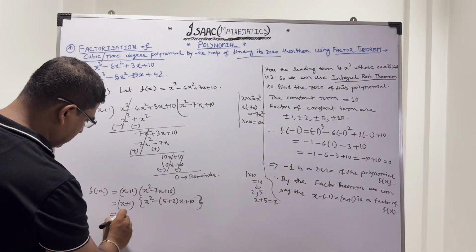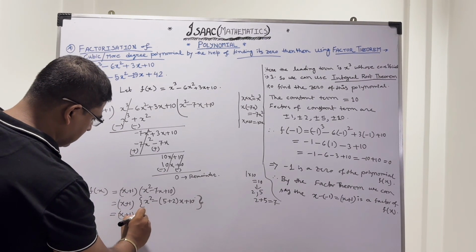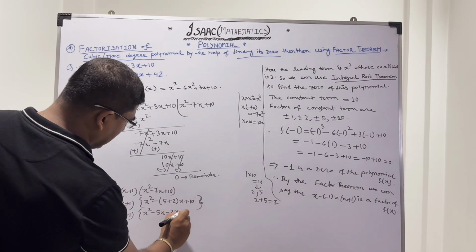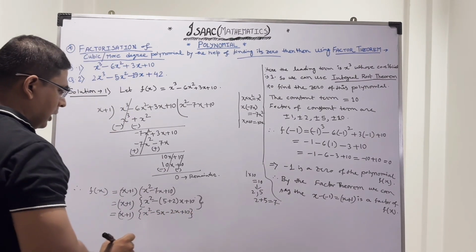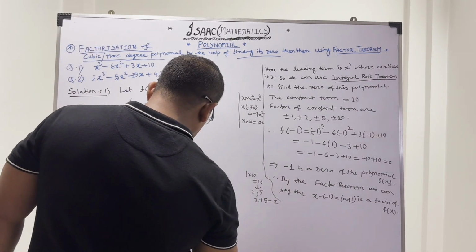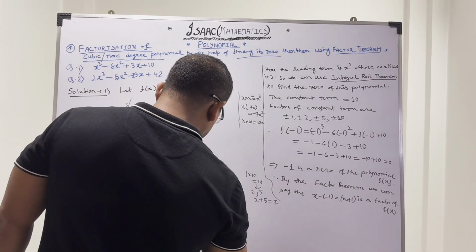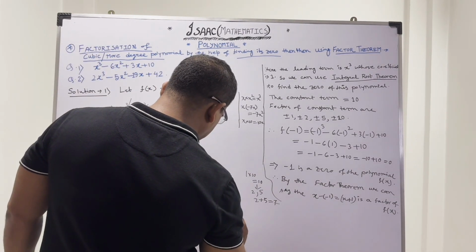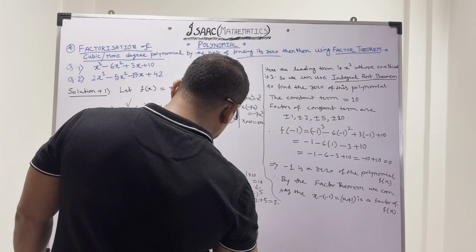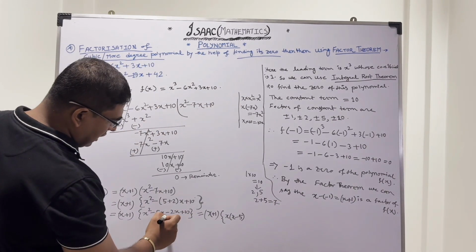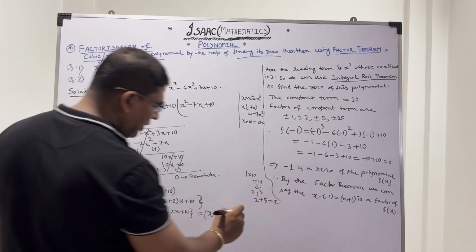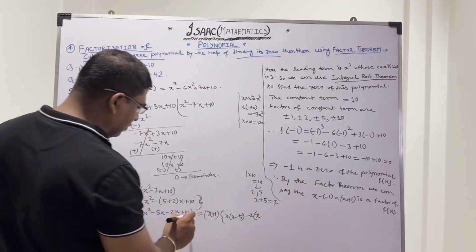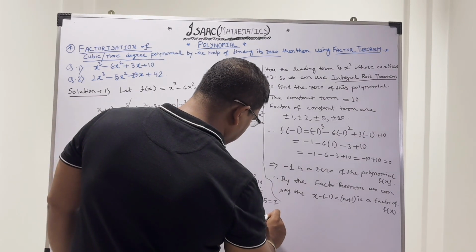So x plus 1 into x square minus 5x minus 2x plus 10. From the first two terms, we have x as a common factor. So this becomes x into x minus 5, and for the last two terms, minus 2 becomes a common factor. So minus 2 into x minus 2 into minus 5 will give plus 10. So this is minus 5.